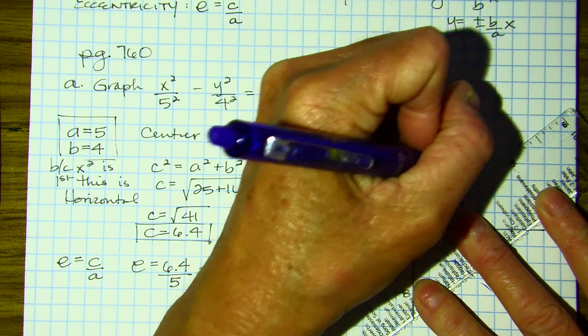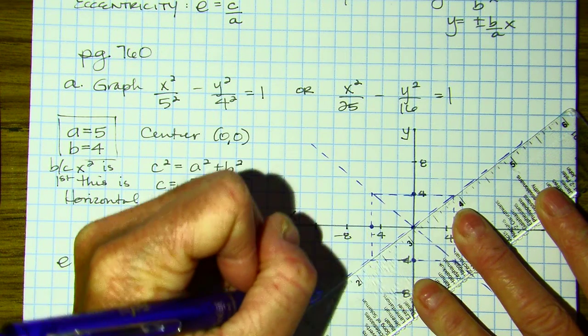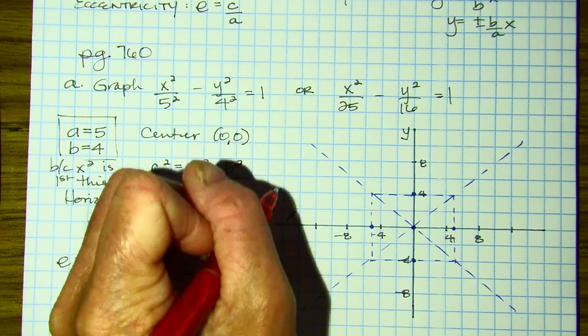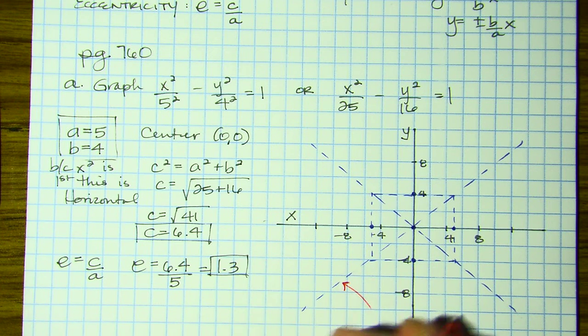Those become my asymptotes. Here and here are my asymptotes. And I'm going to find the equations.